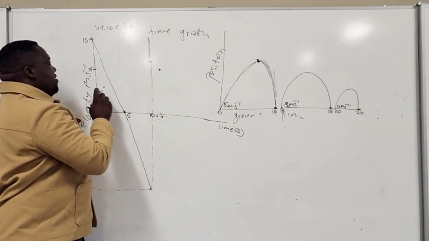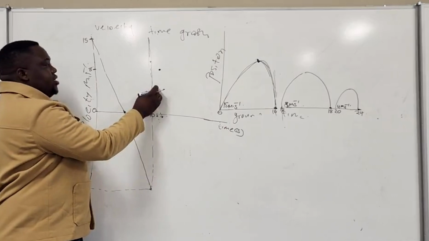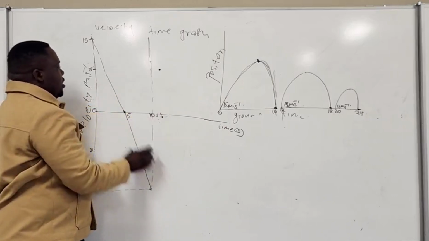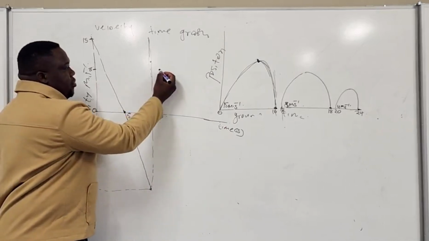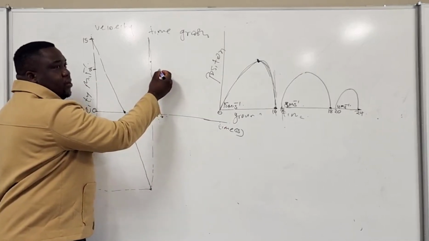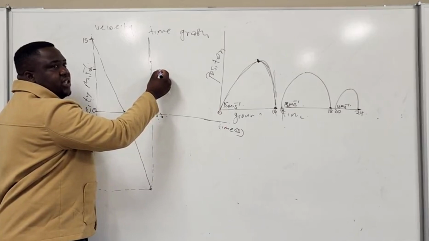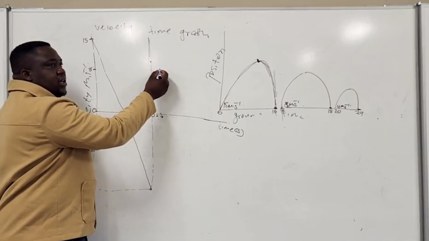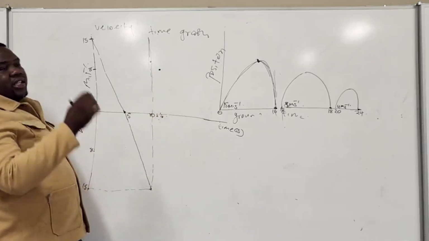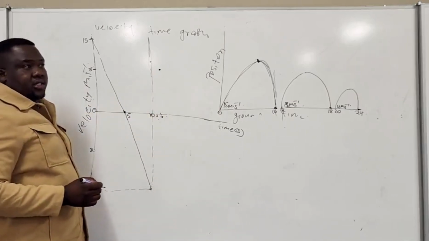Notice that I've said that you take the y-axis forward, but you must not write numbers here. You use these very same numbers. So I'm going to start here. Remember that when the ball is going up, its velocity is going to decrease, and the straight line graph will be approaching 0.